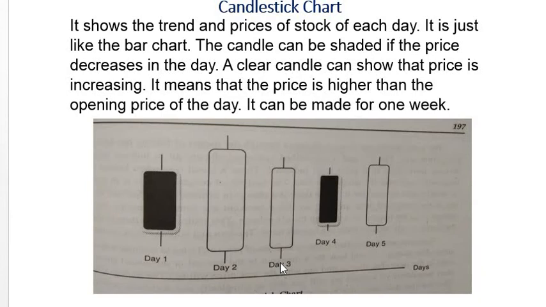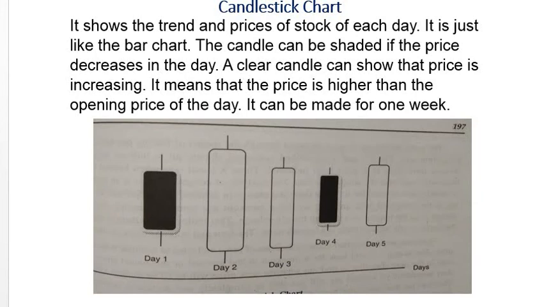Just if you look, you can make out what is happening to the prices of the shares, provided you know what the shaded area represents. Shaded area represents a decrease in the price of shares. Unshaded area represents an increase or no change in the prices of the shares or the stocks.